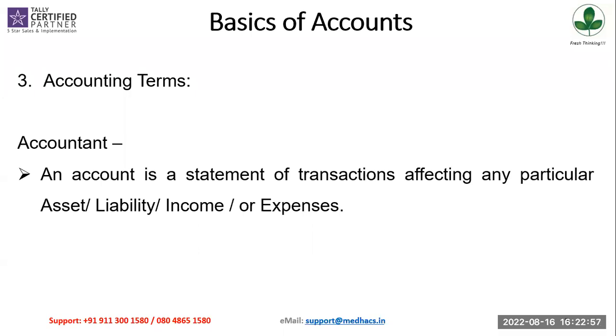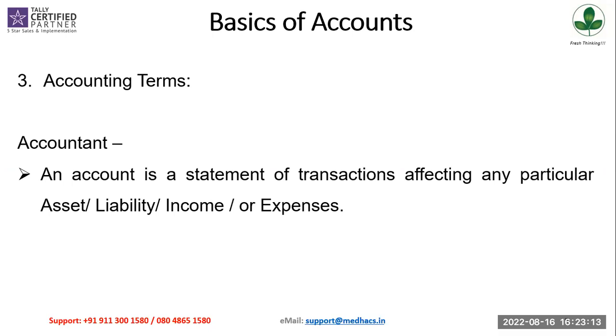Just to give you a brief of what is asset, liability, income, and expenditure. You could always Google it and find the definitions for each of these, since the information is already available.